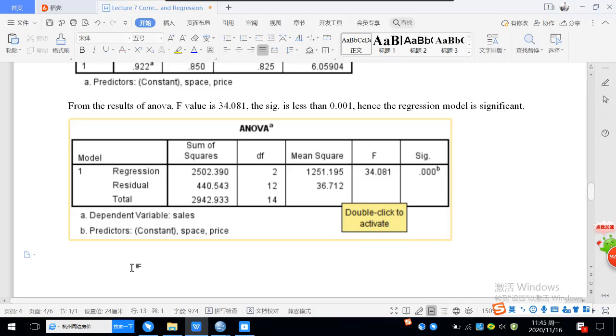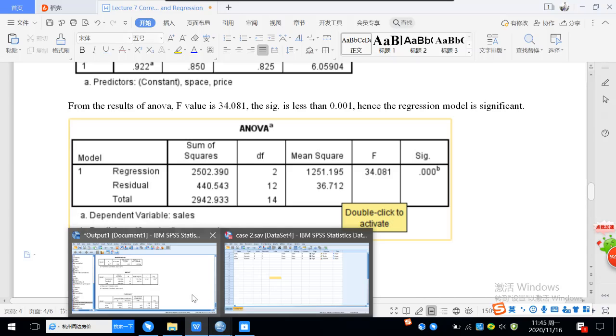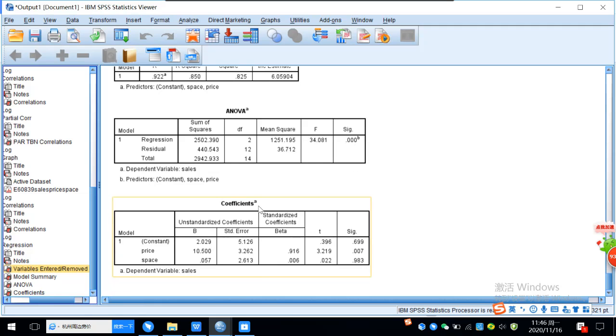Okay, and next we want to test if all the coefficients of the model, coefficients of the variables are significant. So let's look at the number 3. This is the coefficients, right?